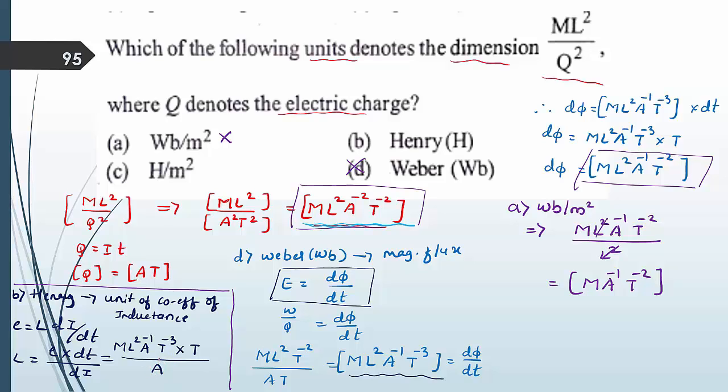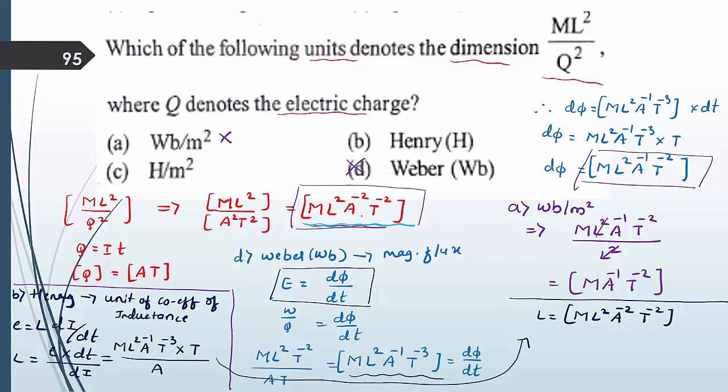Now we can write its final equation as, see, observe carefully. L equal to M L square, A raised to minus 1, another A raised to minus 1 means A raised to minus 2, t raised to minus 3 plus 1, t raised to minus 2. This is the dimensional formula for the unit Henry.